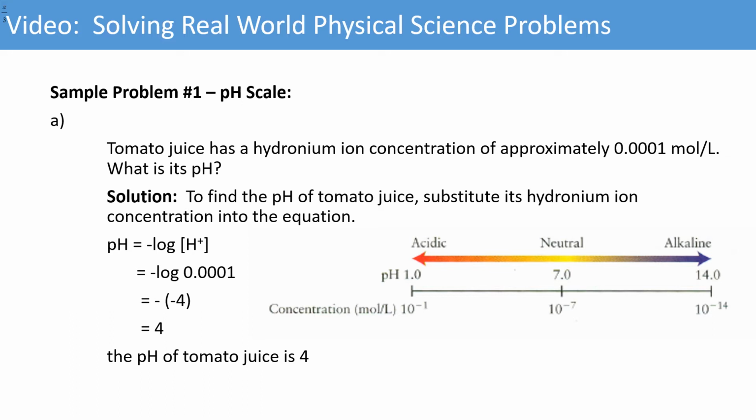So pH is equal to negative log of H+. So we'll substitute in 0.0001 and then we'll solve. We'll get the answer 4. So we know the pH of tomato juice is 4.